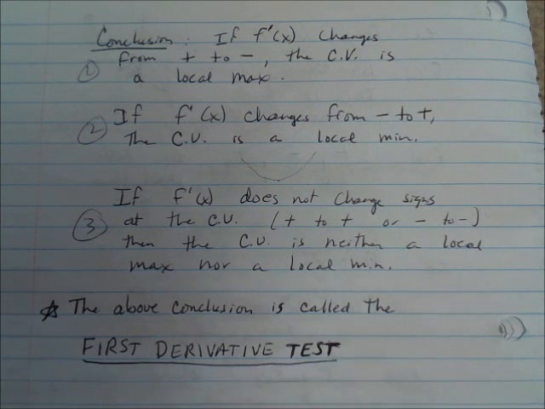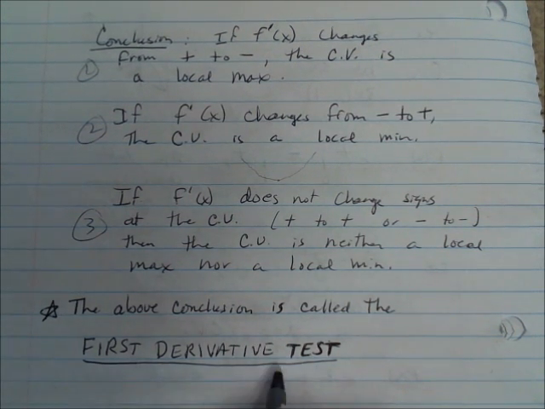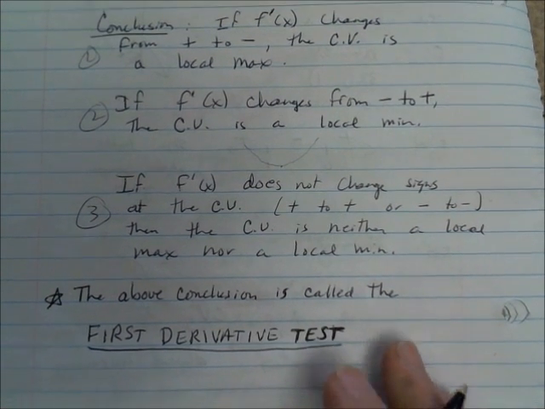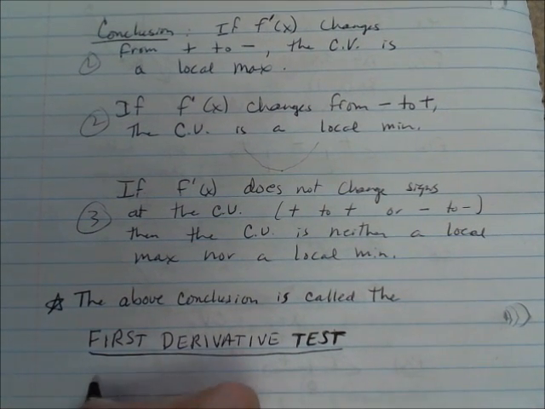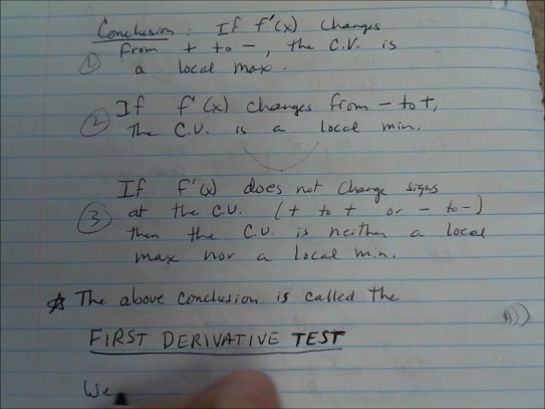So we'll probably just talk about a first derivative test casually, and you'll know what that means after we've used it in enough examples. So what do we use the first derivative test for? We use it to find local mins and maxes.